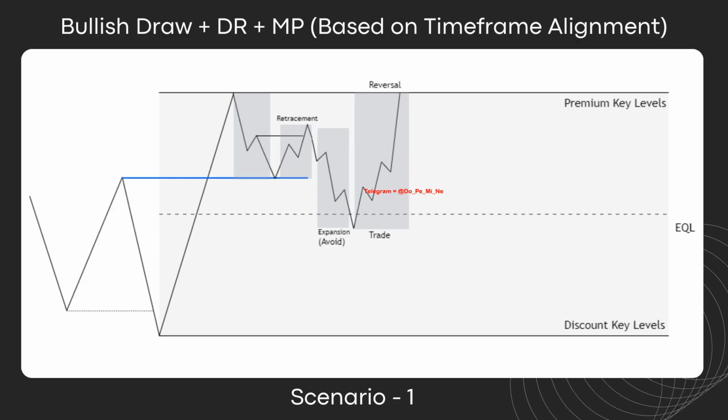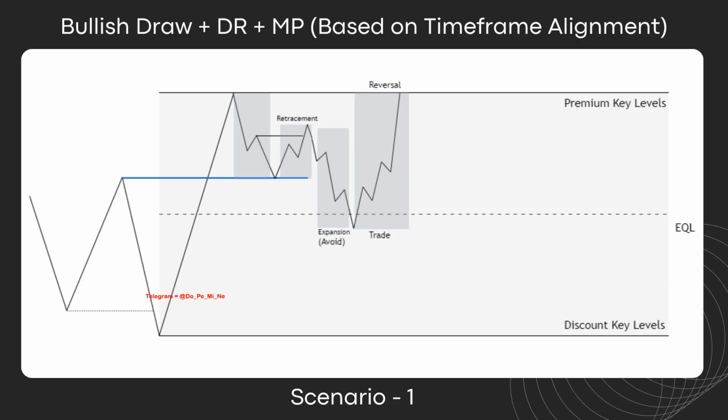When you see that price has offered this movement, you're going to regard it as a retracement instead of a reversal, and you'd know that the most likely scenario is for price to go over that retracement and expand lower again before it could move higher, because price has yet to test a discount key level. You should keep this in mind.